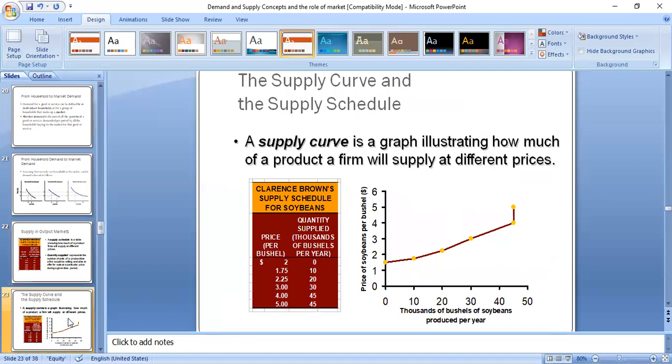Then the supply curve, a curve is a graph, will be a curve illustrating these corresponding values of price and quantity supplied in this table. So when you plot them, having price on the y-axis plotted against the soybeans, which is quantity supplied on the x-axis, you come up with that graph there, which is called a supply curve, right?